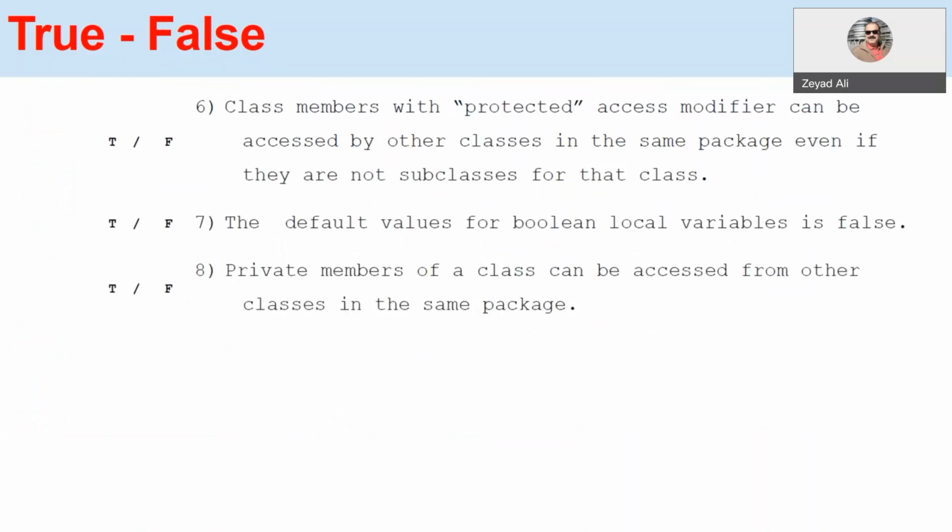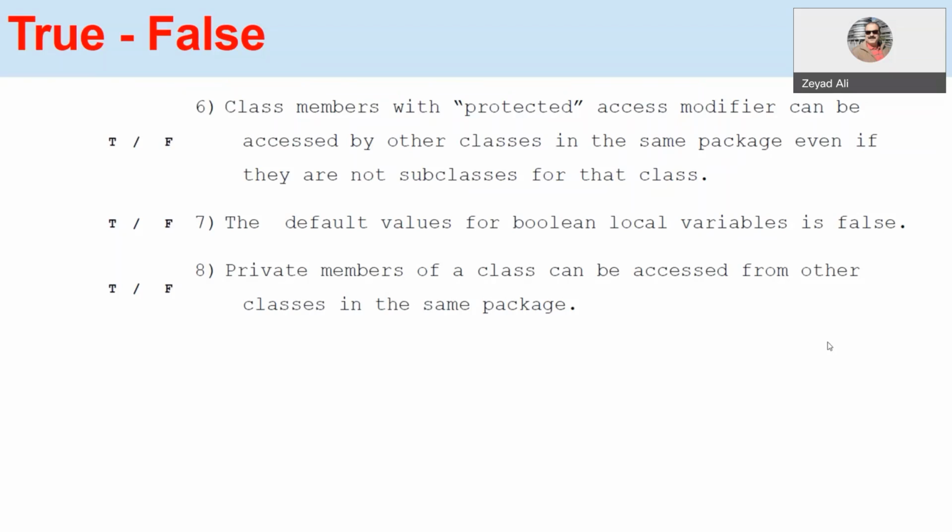Next question. Class members with protected access modifiers can be accessed by other classes in the same package, even if they are not a subclass of that class. Protected members can be accessed in the same class or in the same package.